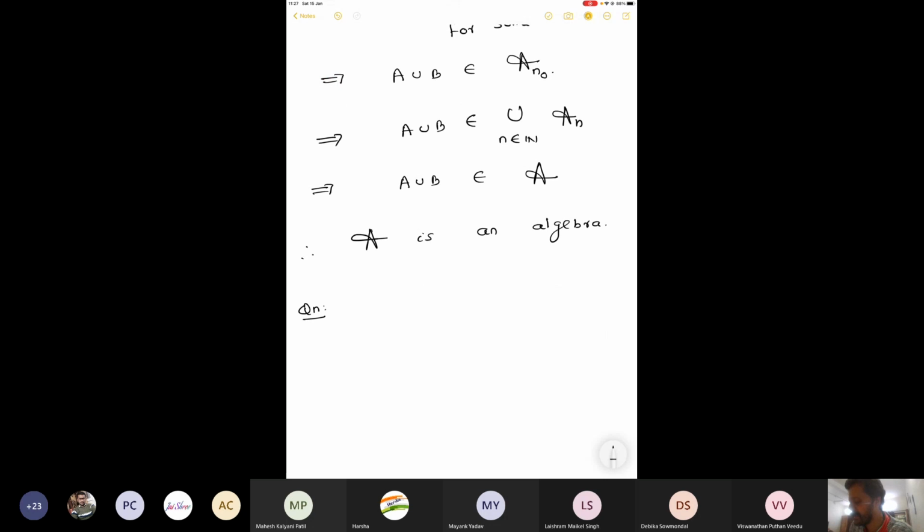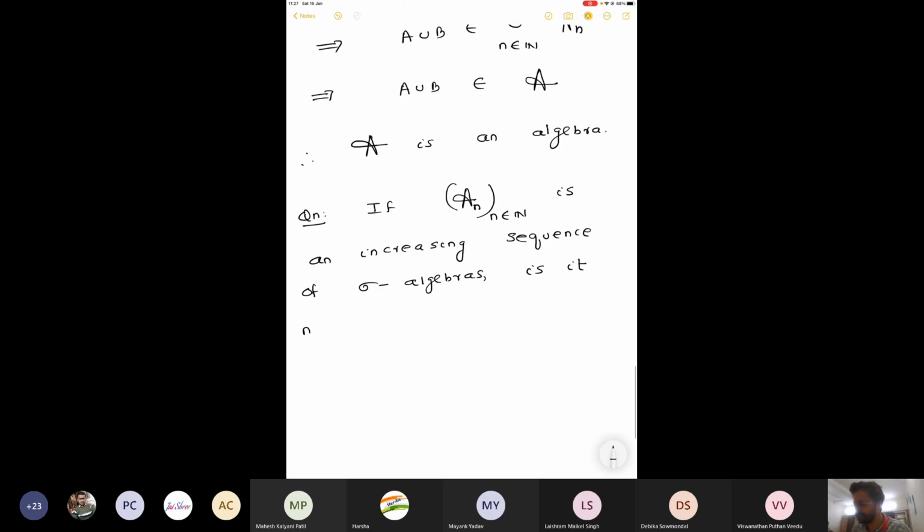Question is, if script A_N, N belongs to N, is an increasing sequence of sigma algebras, is it necessary that union of script A_N is a sigma algebra?